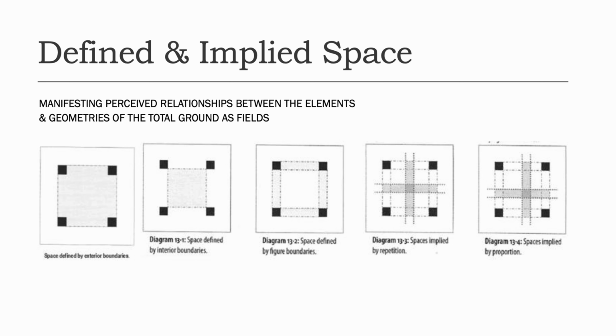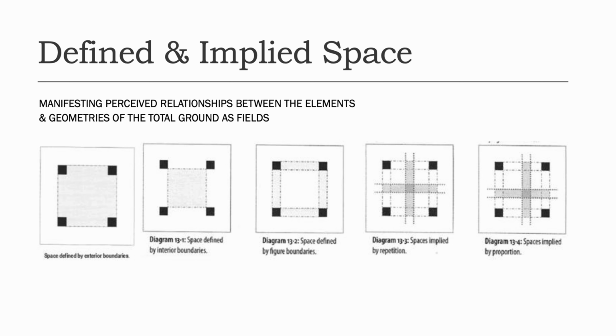The next one, we're looking at the interior boundary, so this is smaller. The next one, we're considering the spaces defined in between those squares, between those figures. And the next one, we're looking at space implied by repetition, and how that space can be divided again and again to create a different relationship of space.